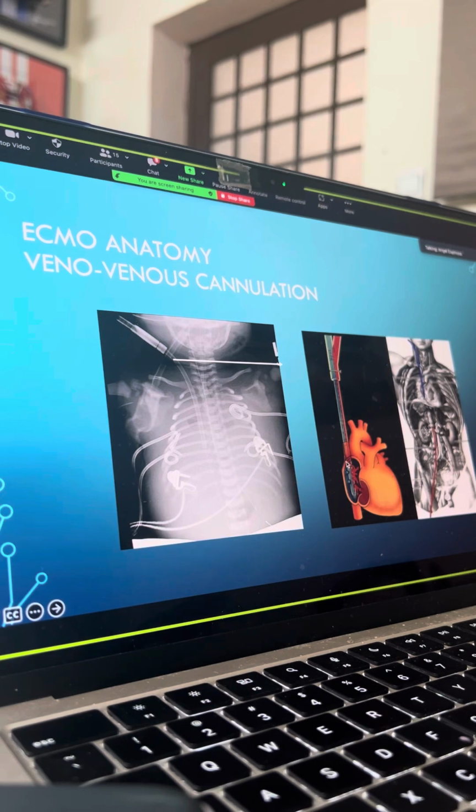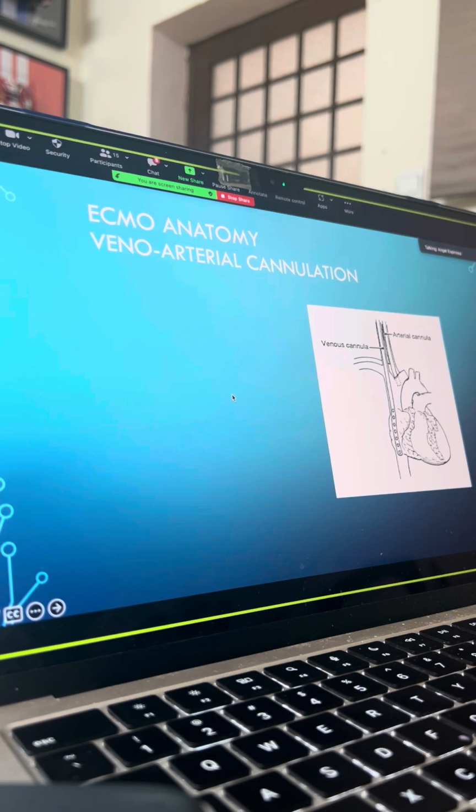So when we do the cannulation for ECMO, this applies to adults and children, we have a special cannula that is called a venous cannula. In the case of mechanical support for the ventricle and for the heart, we have what is called veno-arterial cannulation, which requires actually two different cannulas.